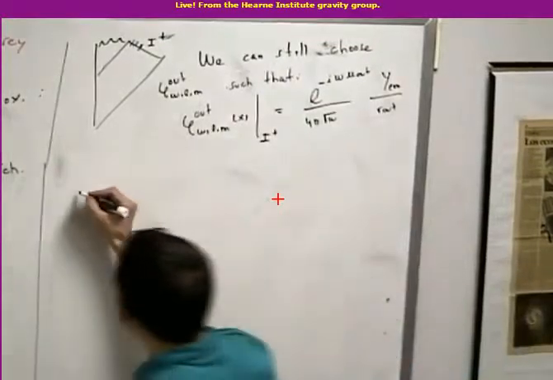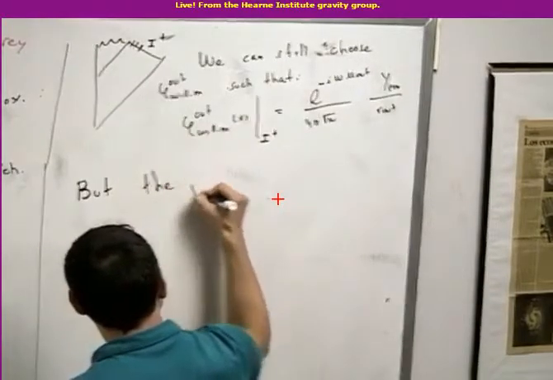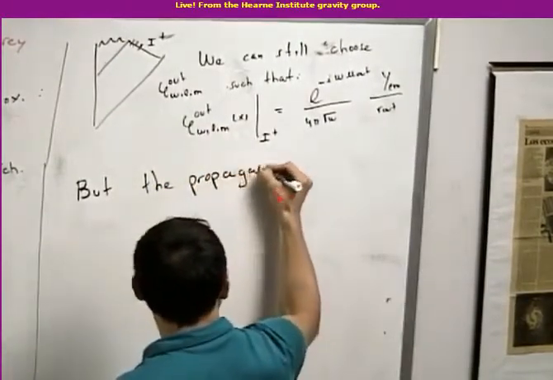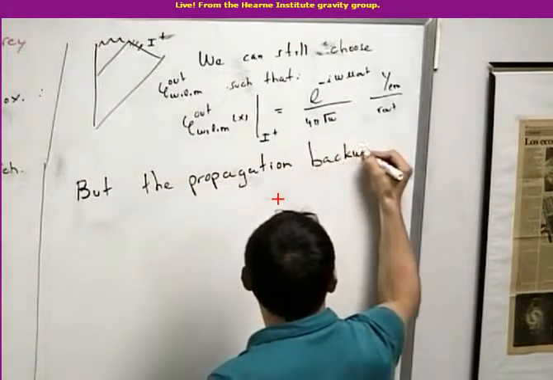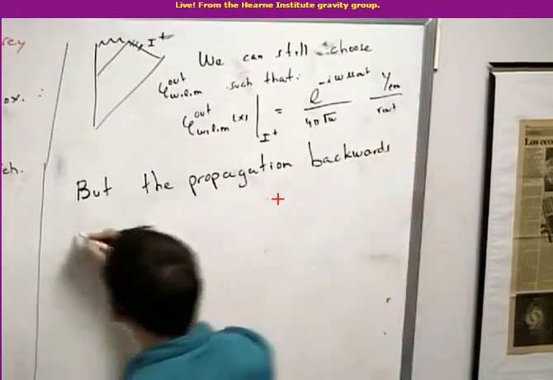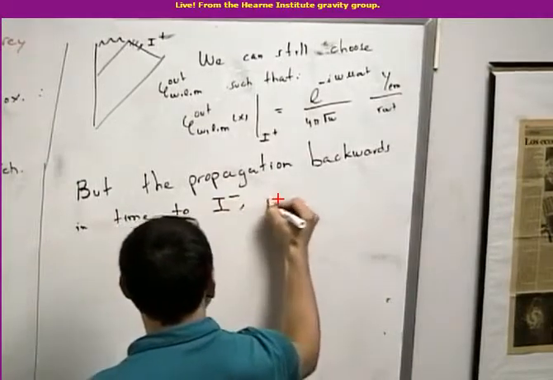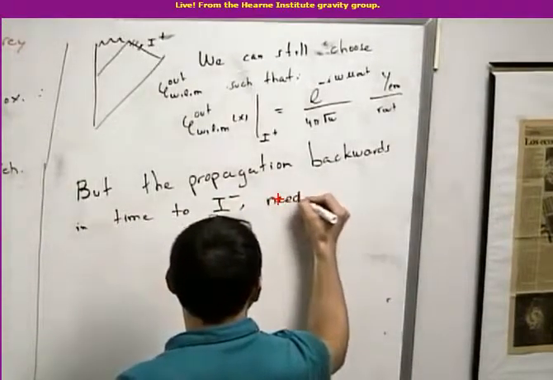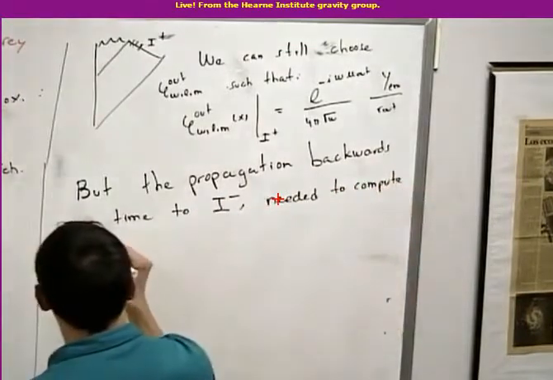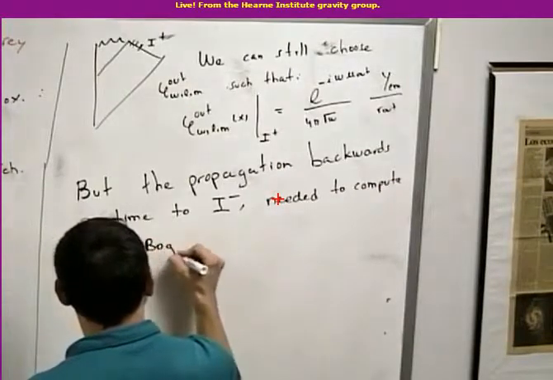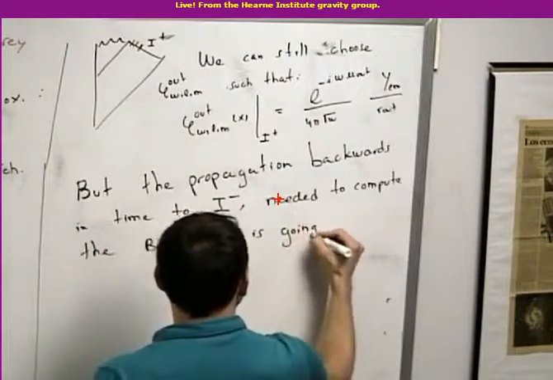So, what I want to say is that even though we can make the same choice at scri plus, the propagation backwards in time to scri minus needed to compute the Bogoliubov coefficients is going to be very different.